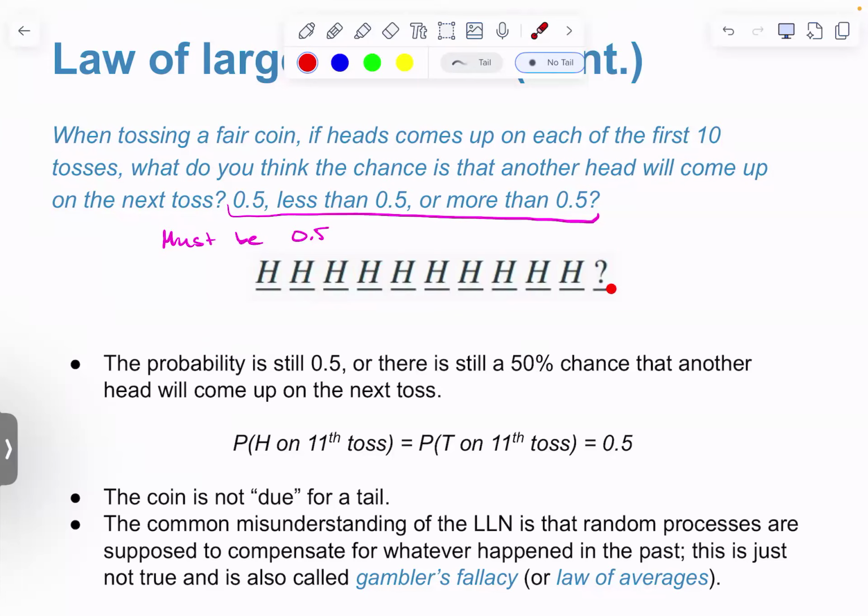And then the question is, what's the probability that we get heads here again? Well, that individual heads is going to have a probability of 0.5.